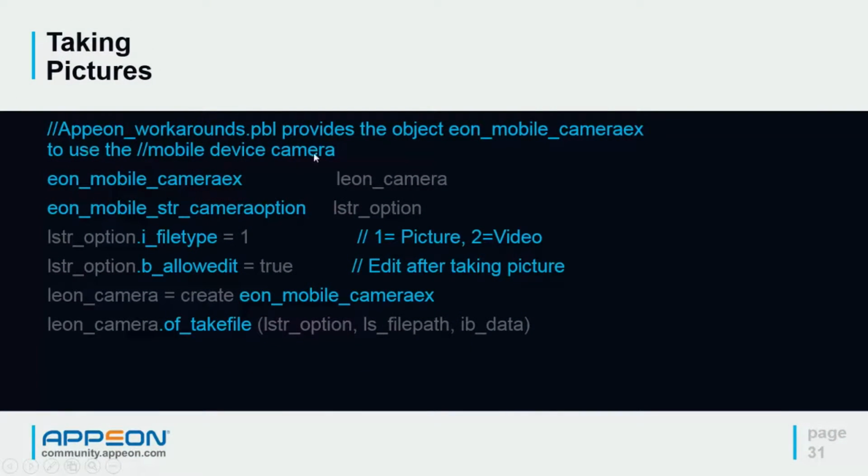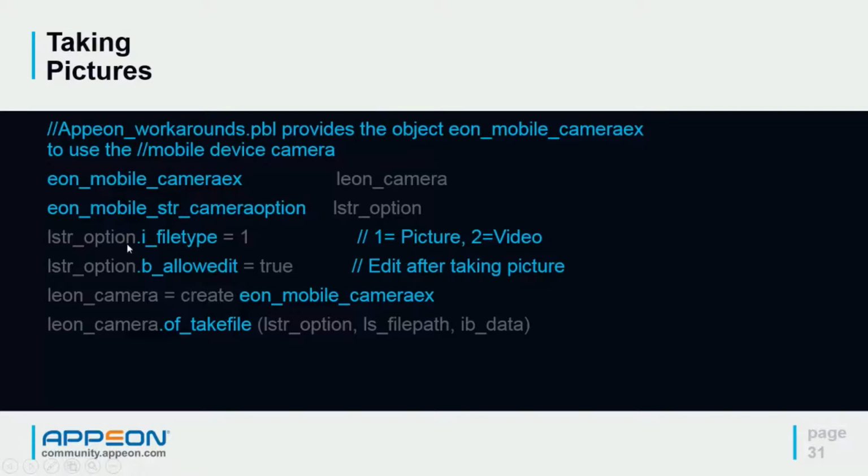The Appeon workarounds provide the object for the mobile camera, CameraX, to use basically for the mobile device camera. So you need to create an instance of this object, CameraX, and the camera option is a structure where you put the information. What information do we need to provide the object?